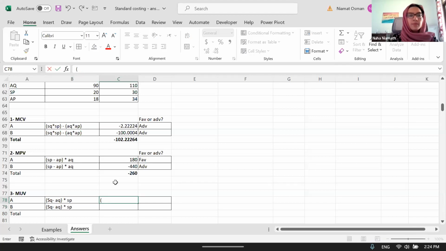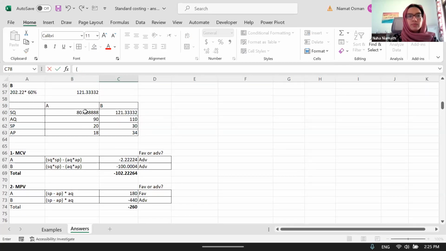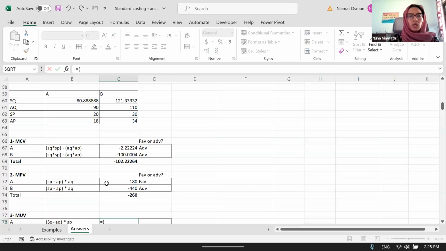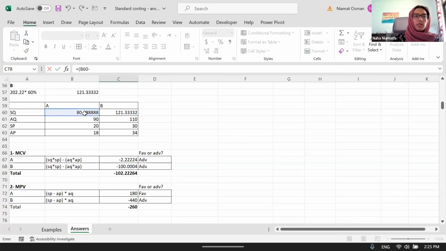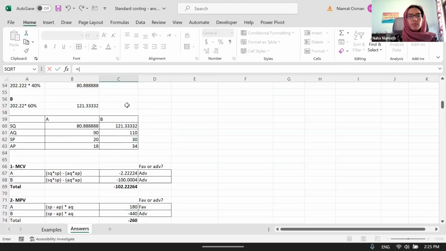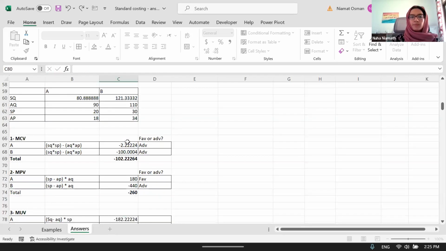So this will be SQ minus AQ into SP. And this will be, please tell me your answers in the chat box. Let's make it more interactive. SQ minus AQ into SP.